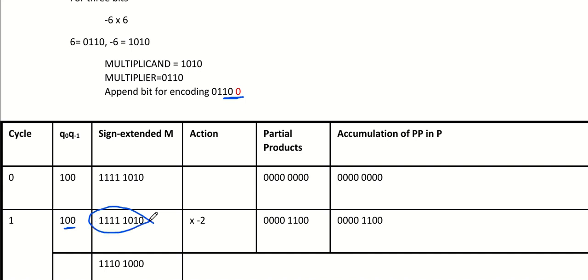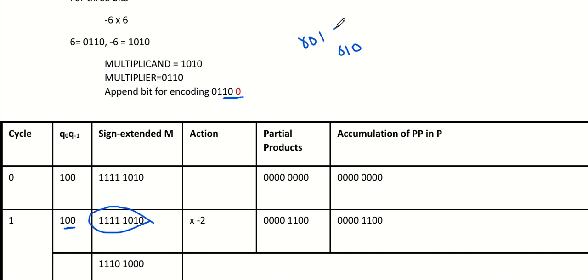But you see, multiplying by -2 is kind of hard. So what is usually the trick is that first, left shift this one. When you left shift a number, it's equivalent to multiplying by 2. So for example, if I have 001 and I left shift it, I get 010.